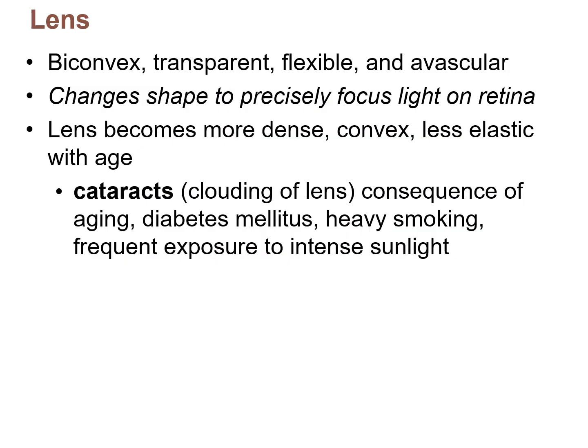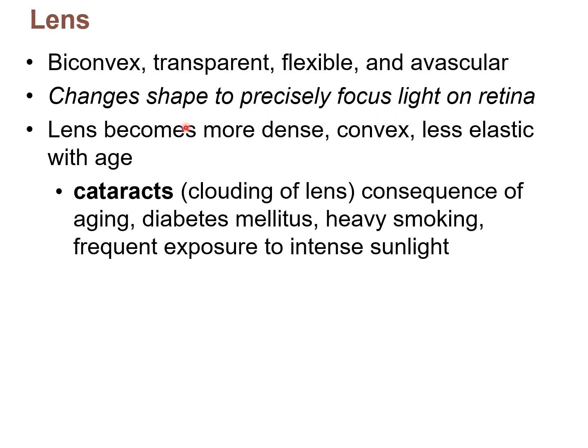So the lens, we'll see more of it in the upcoming slides. The lens is transparent, which means light goes through the lens, just like it goes through the cornea. But the thing with the lens, it can change shape to focus. So the lens will bulge or become fatter to focus on something closer, and flatten or become skinnier to focus on something farther.